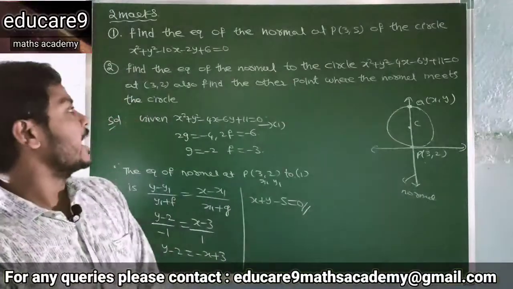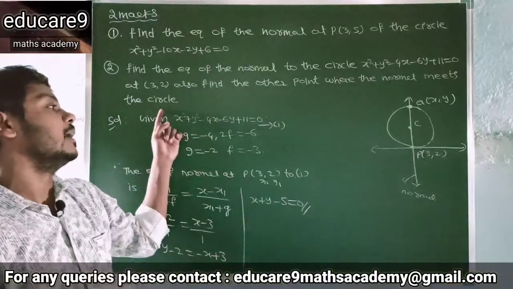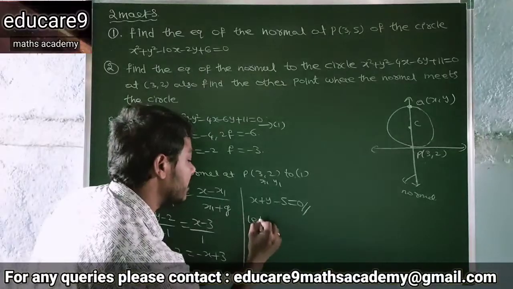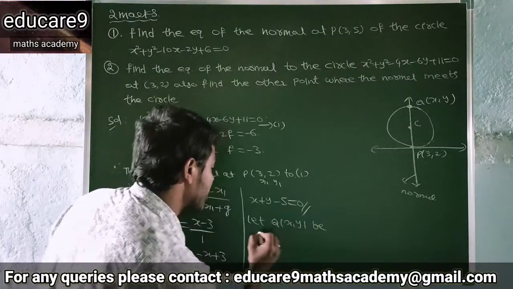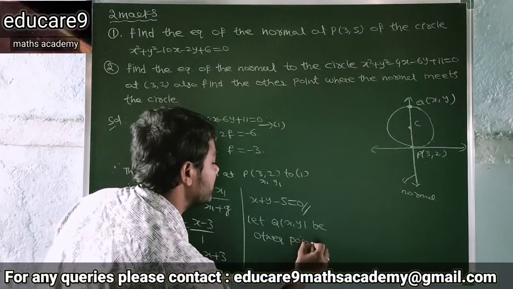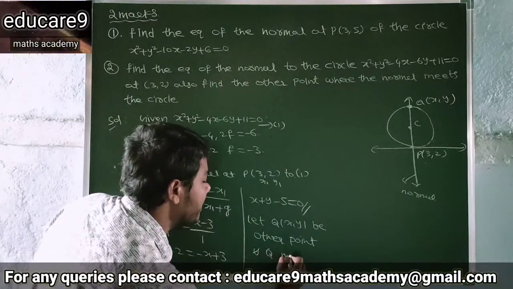And also find the other point where the normal meets the circle. For example, let Q(x, y) be the other point, and Q meets the circle.